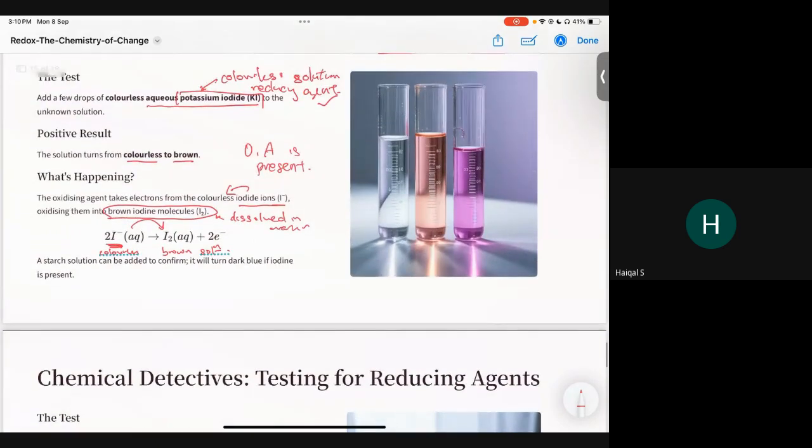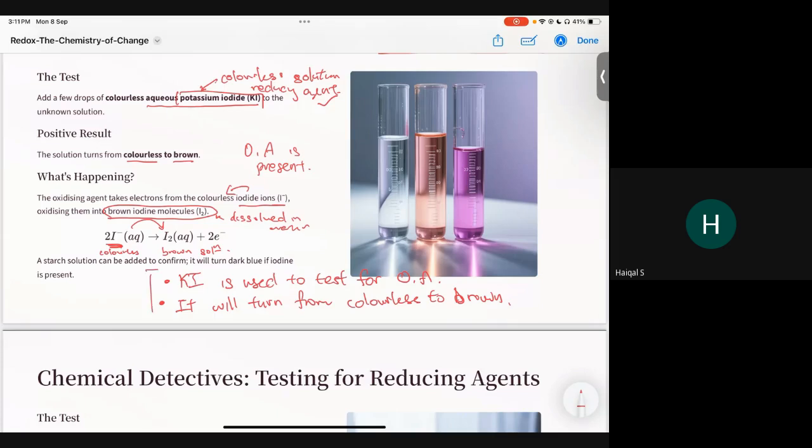So if you want to write down, KI is used to test for oxidizing agent. Write it down. It will turn from colorless to brown if the oxidizing agent is present.